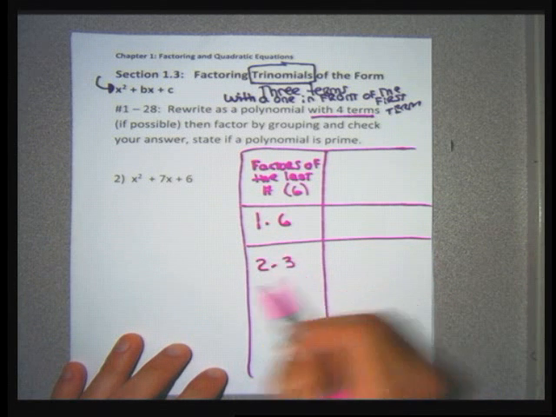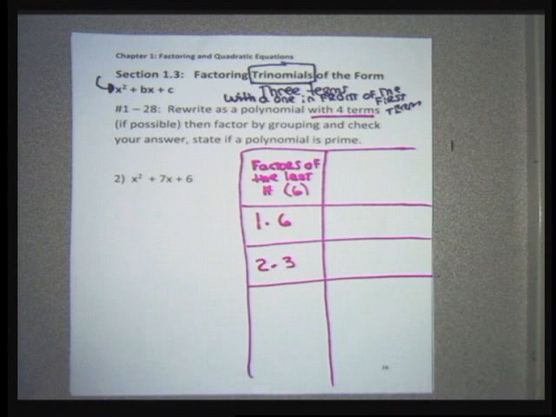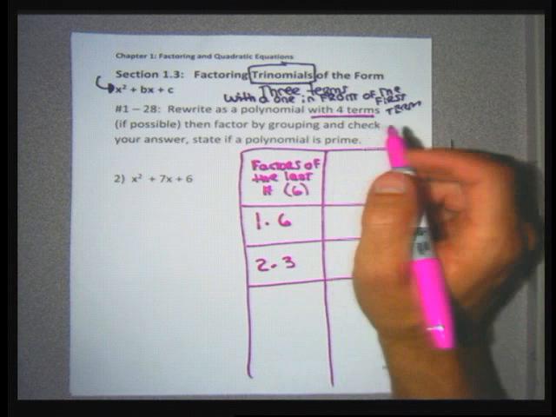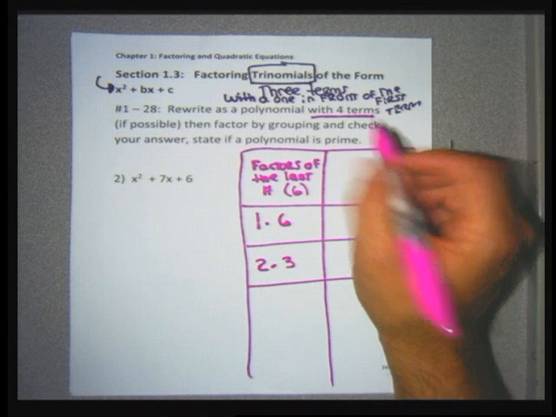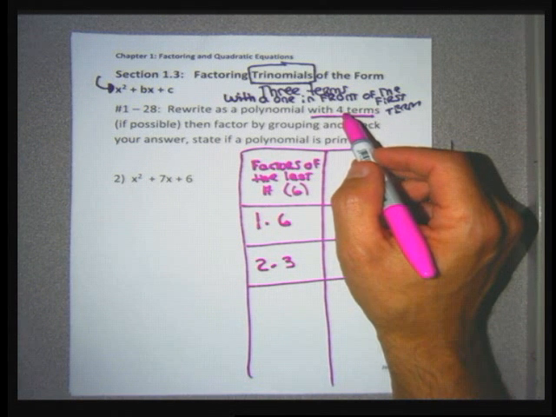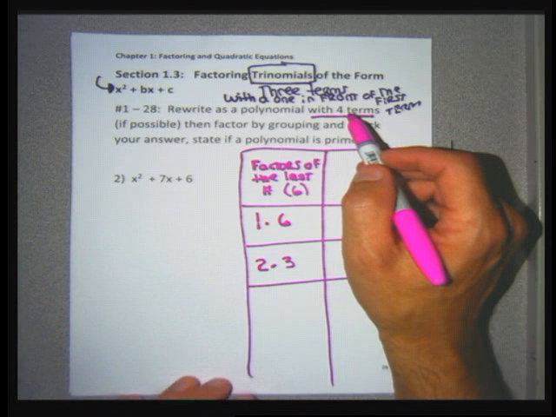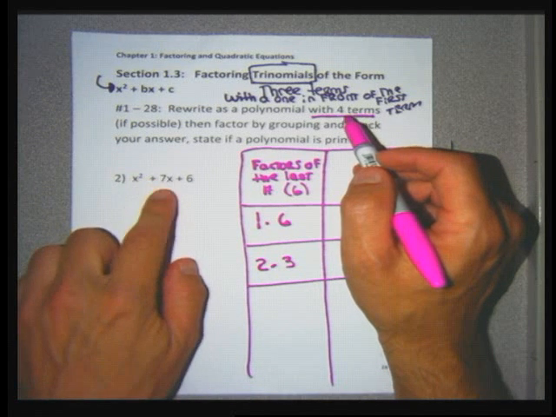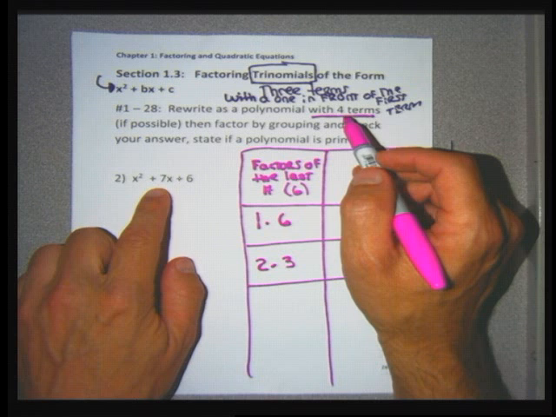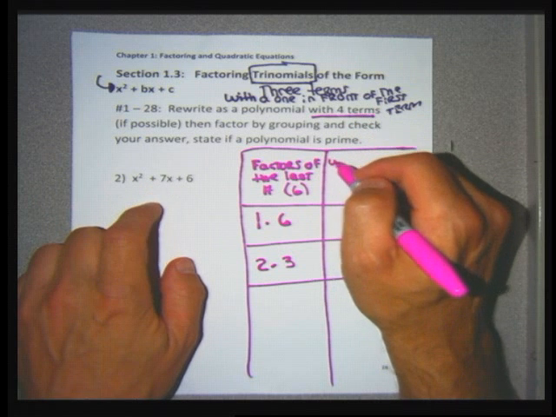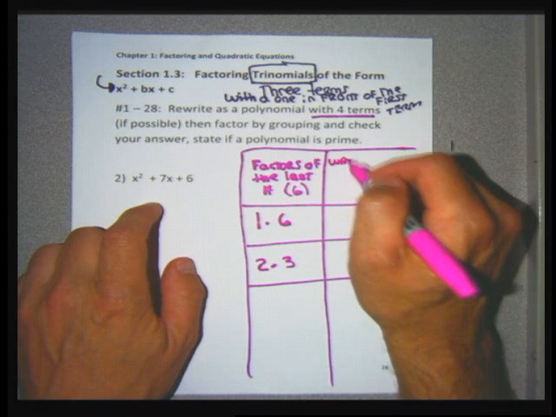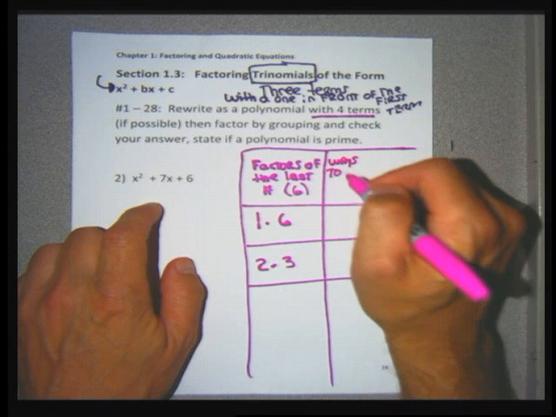Those are the only pairs of integers that I can think of to multiply to be 6. And in this section, to go from a problem that has 3 terms to rewrite it with a problem that has 4 terms, we're going to change the middle term. So I'm going to say ways in my middle column to rewrite 7x.